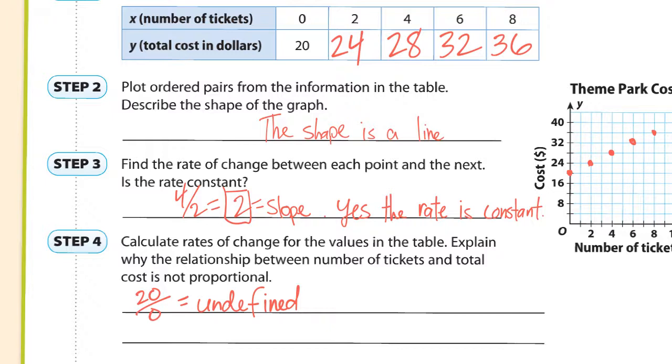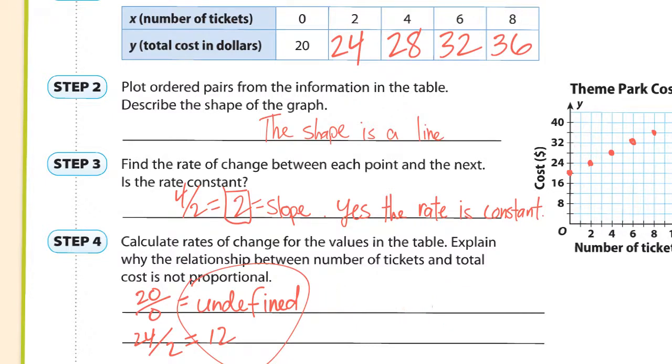And then I can take the other one, 24 over 2, and that is equal to 12. So those two rates are different. They're clearly different. Oh, no, I'm sorry. The rate of change is constant. That's what makes the straight line. Sorry about that.